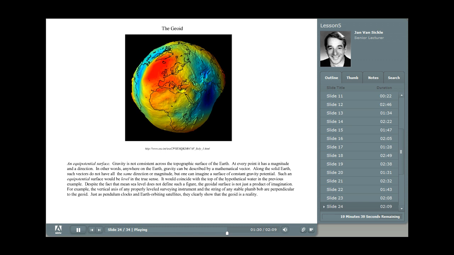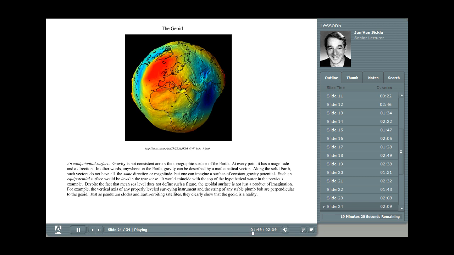So, the vertical axis of any properly leveled surveying instrument and the string of any stable plumb bob are perpendicular to the geoid, just as the pendulum clocks and the Earth-orbiting satellites. They clearly show that the geoid is a reality. It is a physical reality.